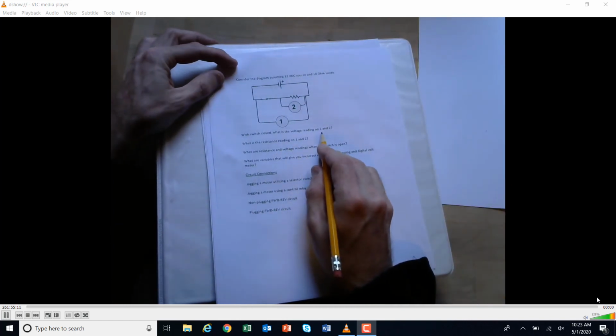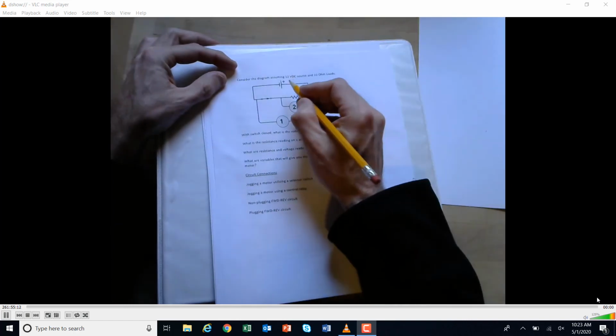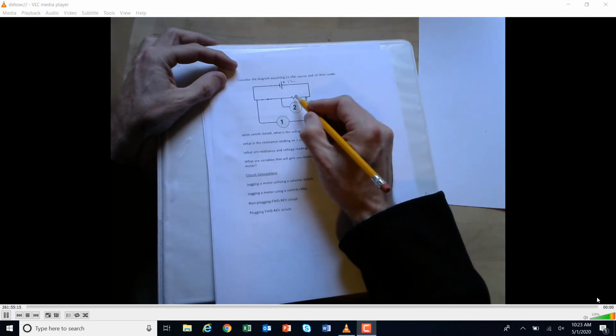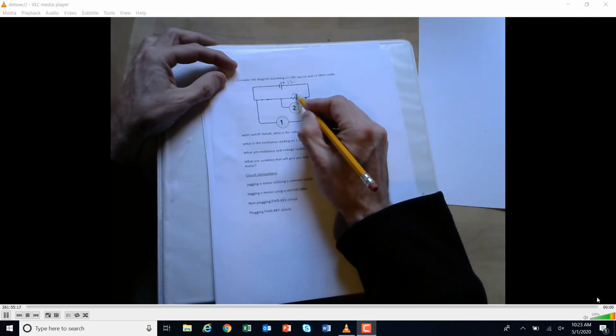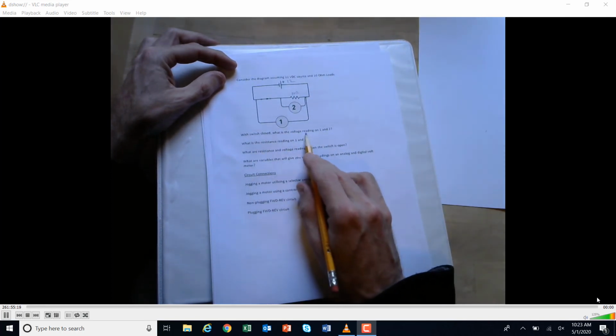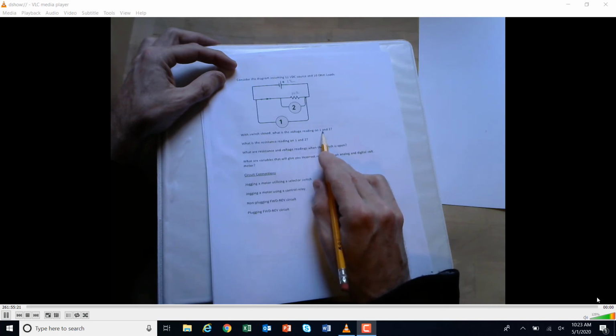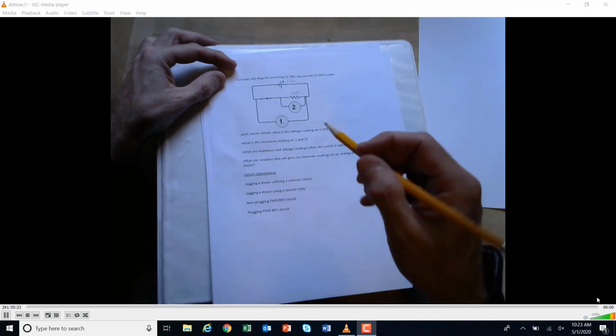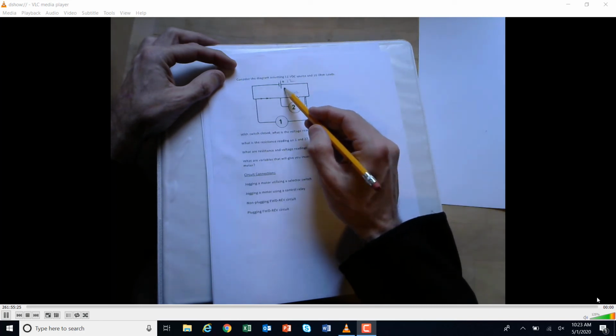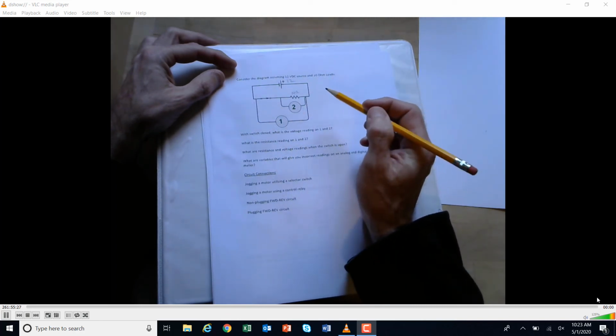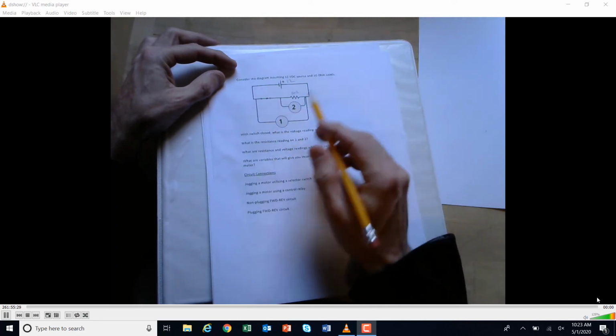Consider the diagram assuming a 12-volt source, and when the switch is closed, what is the resistance on 1 and 2? So I have 12 volts here, 10 ohm load, so this is 10 ohms, okay? Switch is closed, what is the volt reading on 1 and 2? So, okay, so I'm guessing that we're energized. So if we're energized, we got to be careful what we're reading here and think about it.